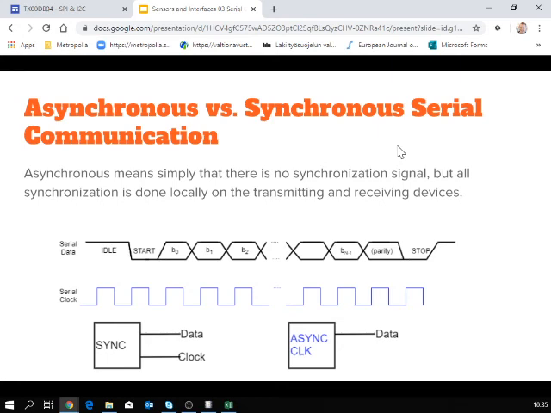Okay, so if you look at serial line data overall, the asynchronous lines usually start with idle, and then the start bit, and then you have the data bits, followed by the stop bit.